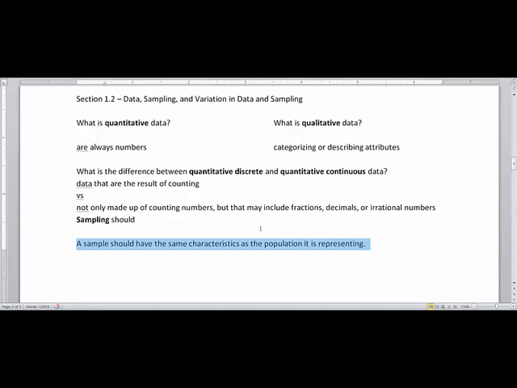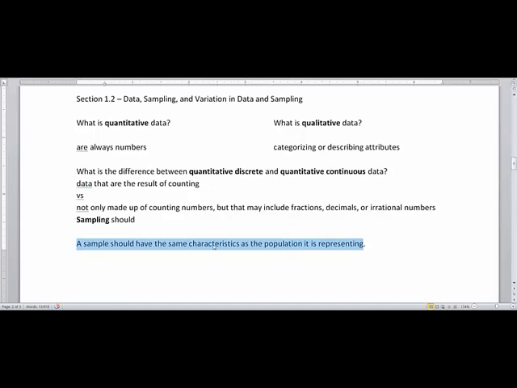Of course, that would be ideal, but it's not very feasible. Other than the census, we're probably going to try to do sample distributions rather than trying to count every single person and get that information. So make sure when you get a sample that it has the characteristics of the population it is representing.